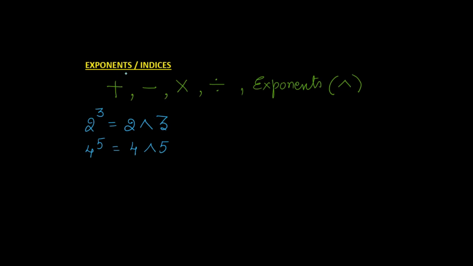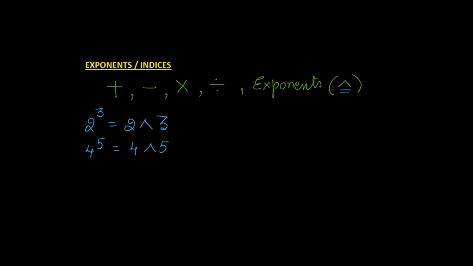Whenever we have to write exponents on laptops or computers, in a Word document, we use this caret sign. It is very widely used. So the caret sign is used to represent exponents, and it is the fifth kind of operation in maths. And exponent is nothing but repeated multiplication.